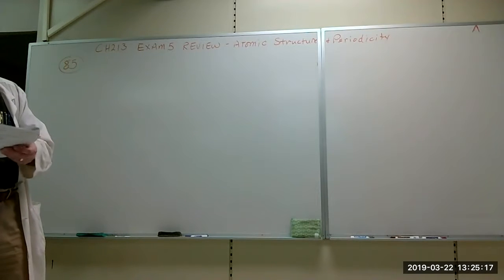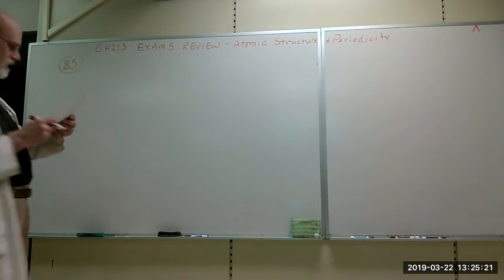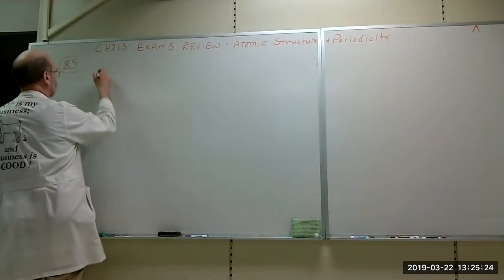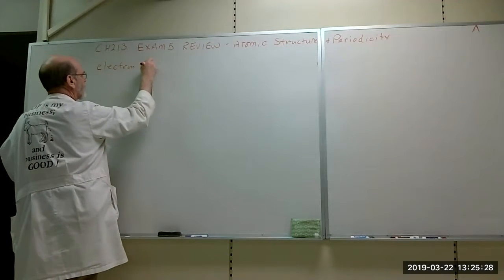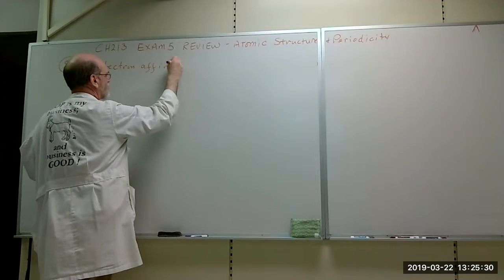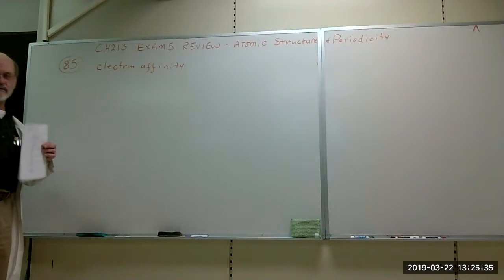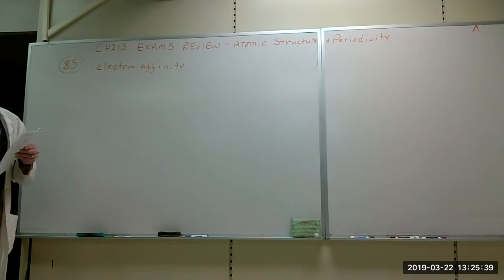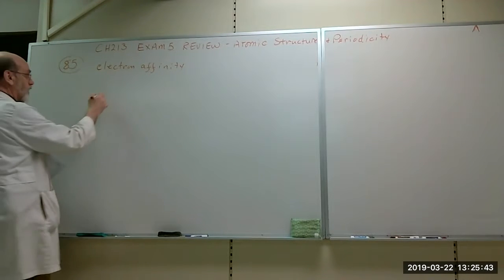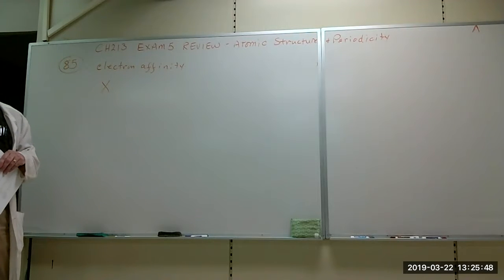Which of the following equations correctly represents the process involved in the electron affinity of X? Oh, this is definitional. Electron affinity measures the amount of energy that is evolved when a neutral element accepts an electron. So our element has to be neutral, no charge, plus it has to be a gas.